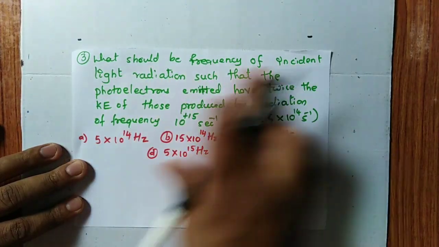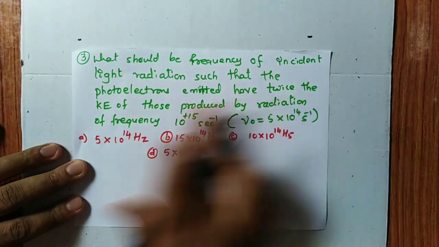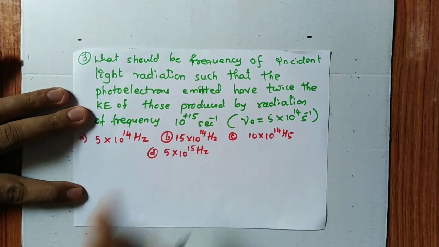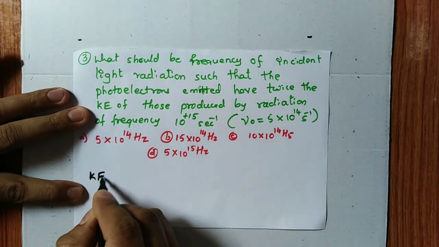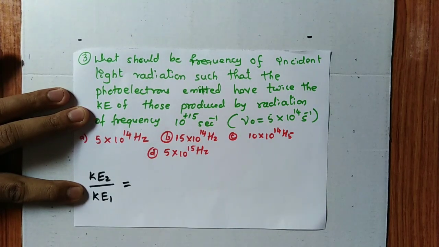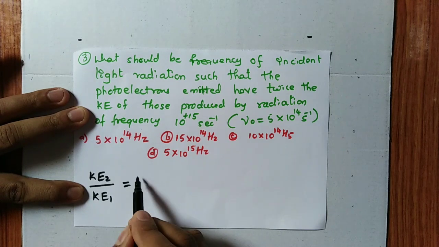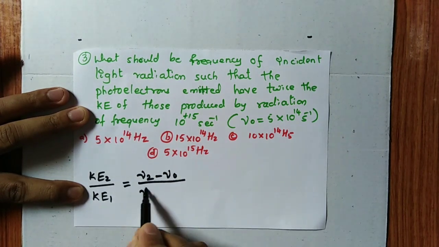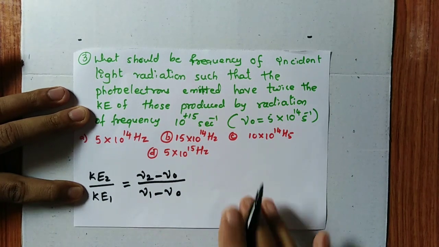Remember, here what should be the frequency of incident radiation such that the photoelectron emitted has twice the kinetic energy. Hence what you have to take here is kinetic energy 2 divided by kinetic energy 1. If you take this, h gets cancelled, right? So you are going to write nu2 minus nu naught divided by nu1 minus nu naught.